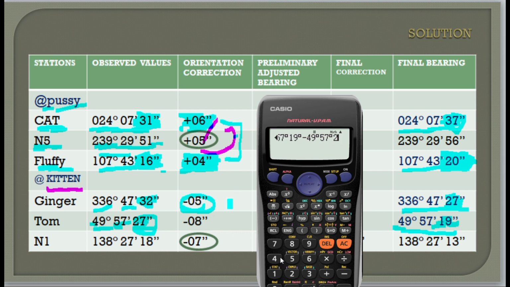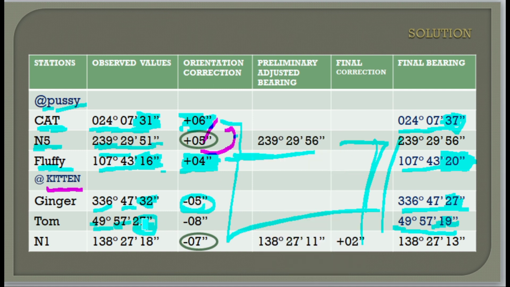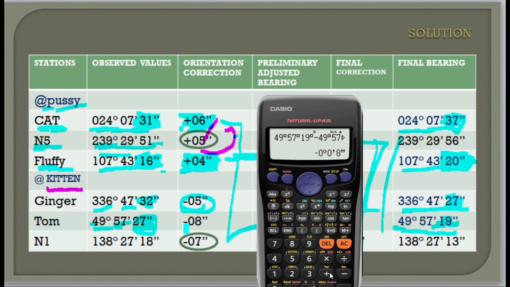By the use of a calculator, that will be illustrated well. We need to subtract 18 seconds from the 27 seconds in order for us to get our final correct bearing, which was provided to us from the datum observations. So that is -8.